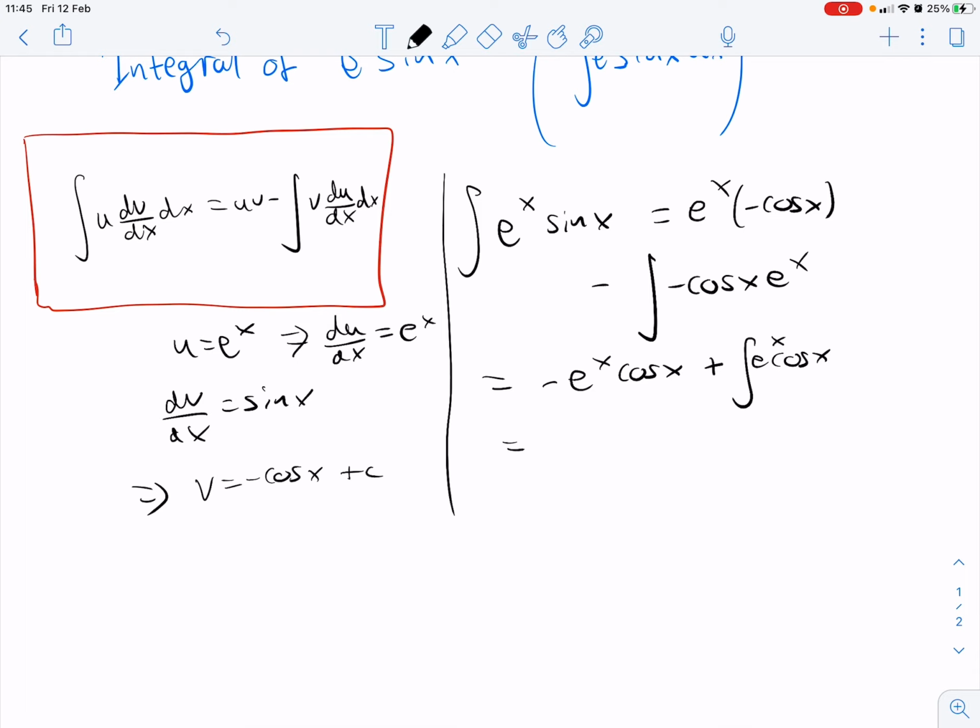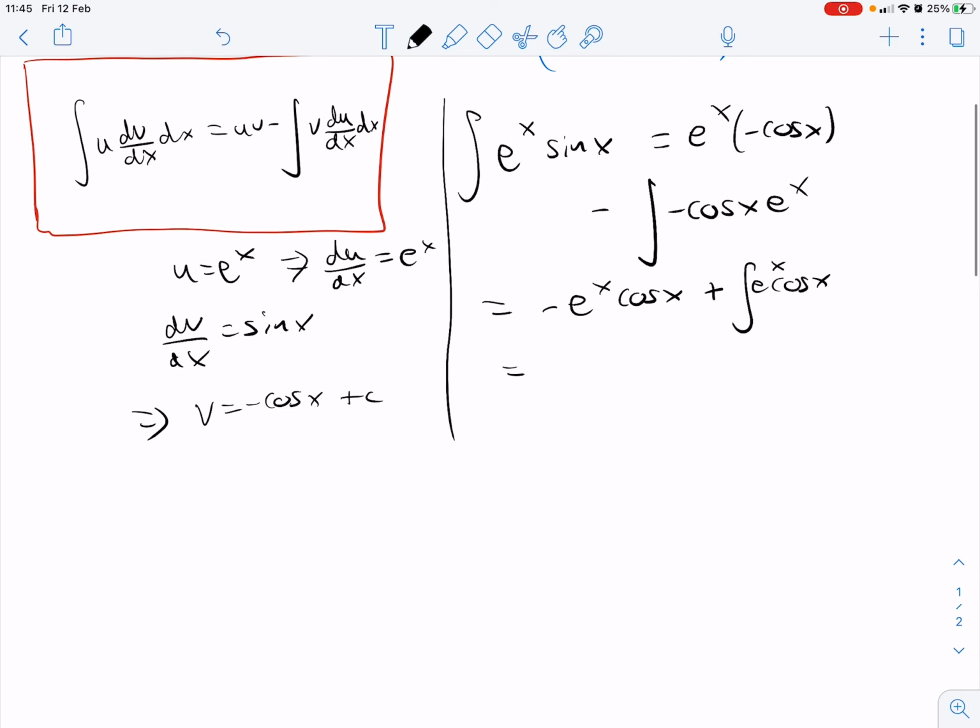Now I'm just going to do it in my head, but we just follow the same procedure as before, differentiating and integrating for v and differentiating to find u. So uv is e to the x, and now when I integrate cos x, that just gives me sine x back, right? Oops, I need to put my other terms there first.